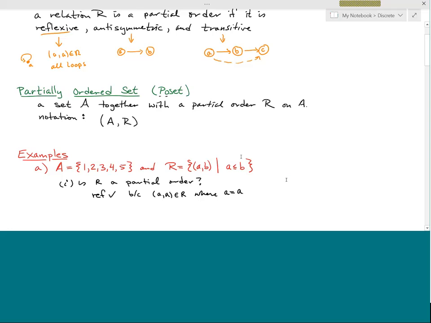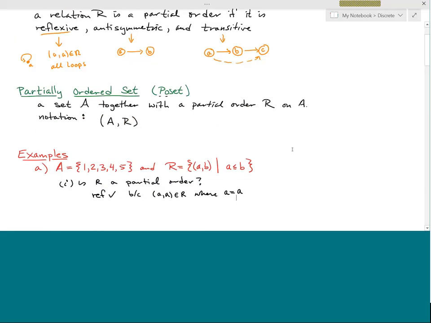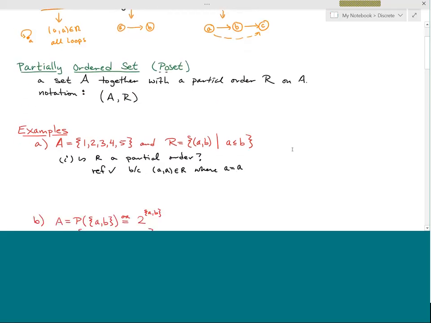Now, the second thing that you check for a partial order is anti-symmetric. So the issue here with anti-symmetric is, how would we check if a relation is anti-symmetric? It would be dealing with this. Suppose we actually have A, comma B inside of a relation.